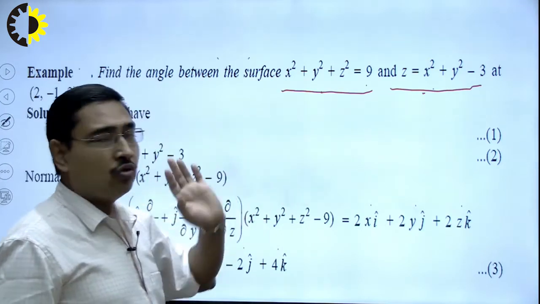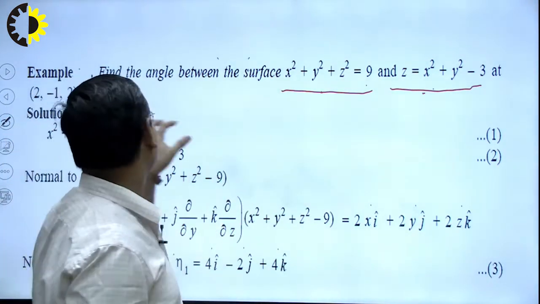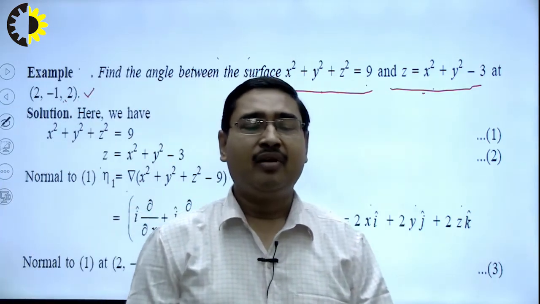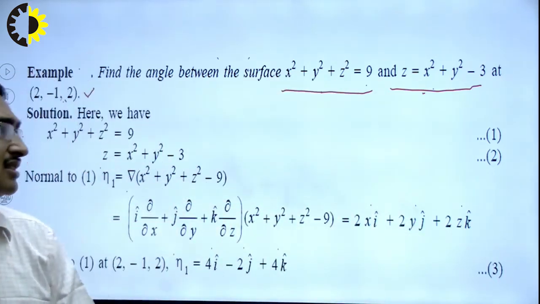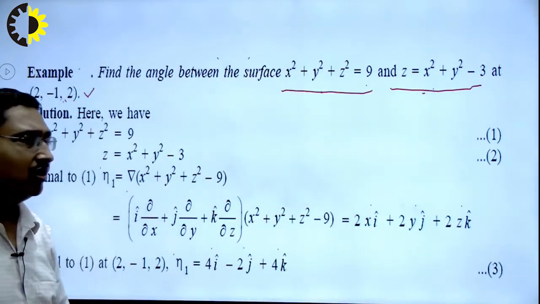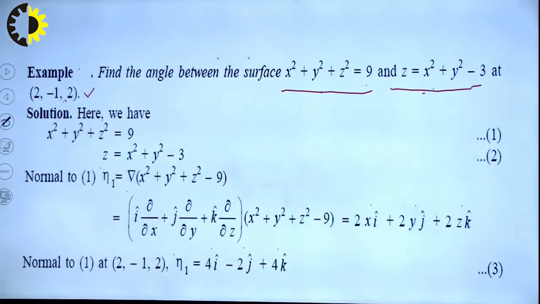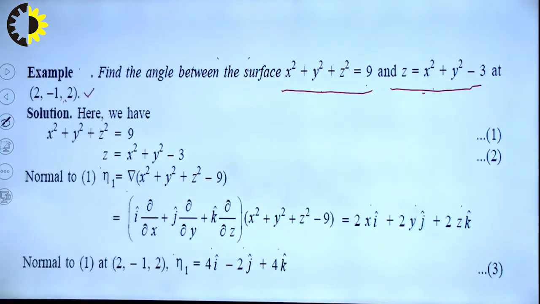Then these two normal vectors are two vectors having i, j, k without x, y, z because the point is there. Now we shall obtain the angle between these two vectors. We are aware that the angle between two vectors can be calculated using the formula for finding the angle between vectors, and that angle will be the angle between the surfaces. We now proceed.